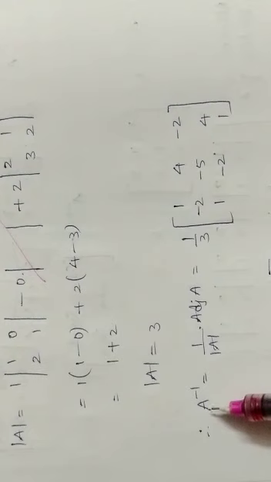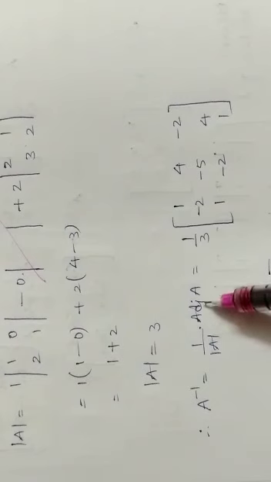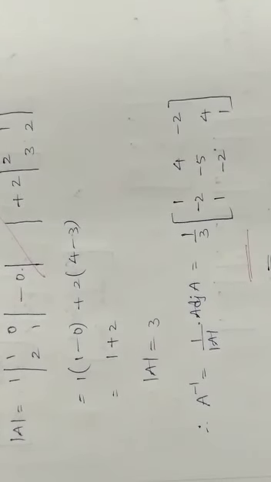So, for 2 by 2 we have the formula 1 by AD minus BC into D, minus B, minus C, A. But in a 3 by 3 matrix we always use 1 by det A into adjoint A. So, the problem is over.